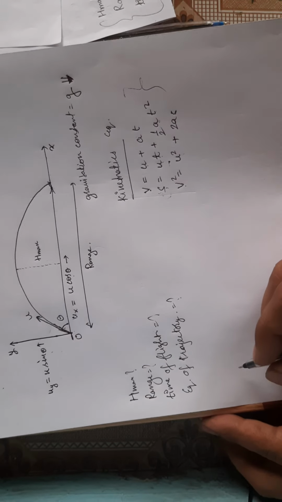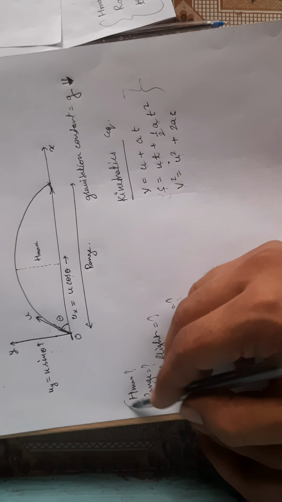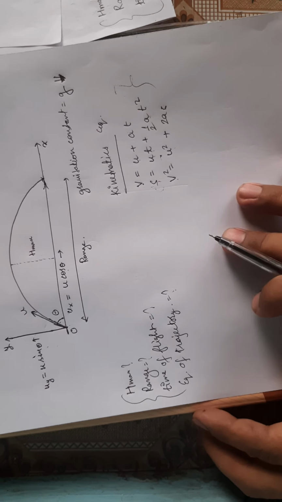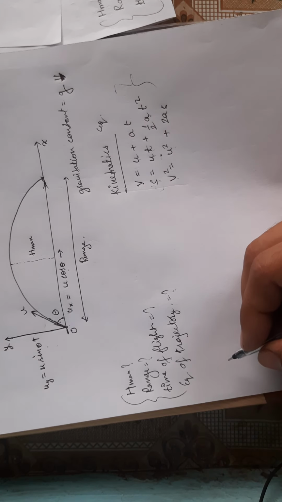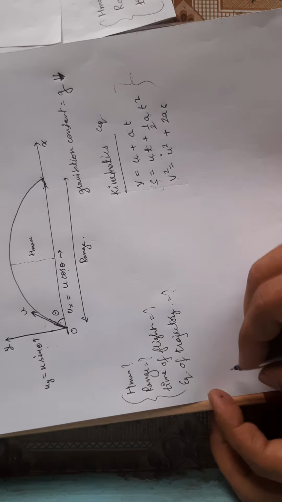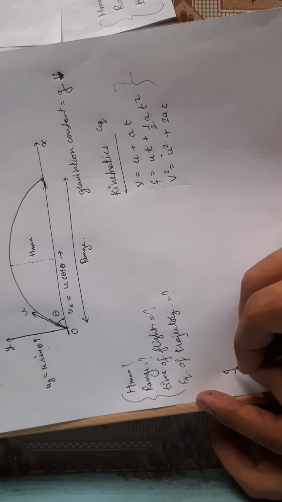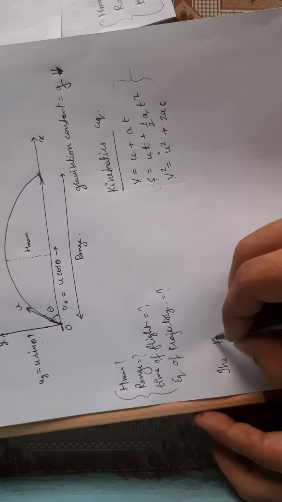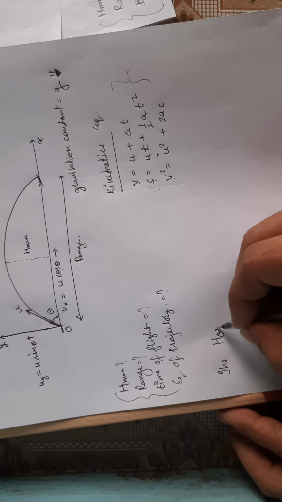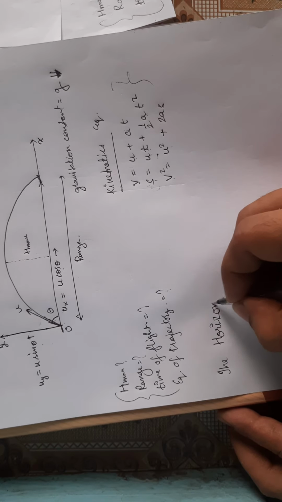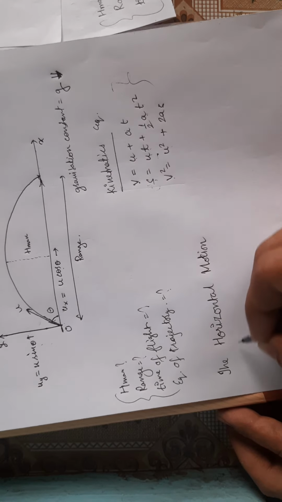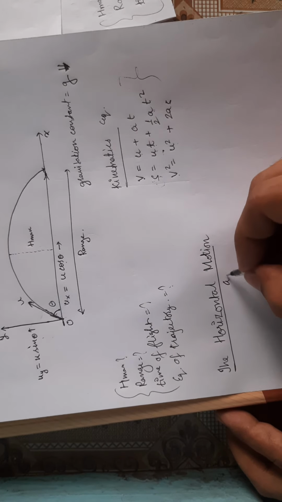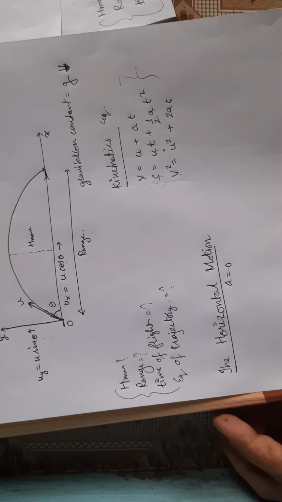So for determining these relations, we have to understand it separately. So let's start with the horizontal motion. In horizontal motion, acceleration is 0.